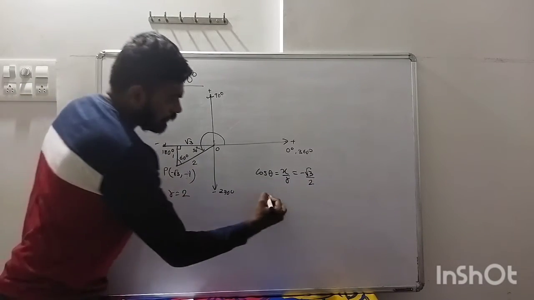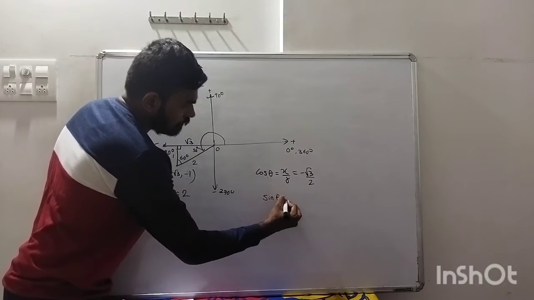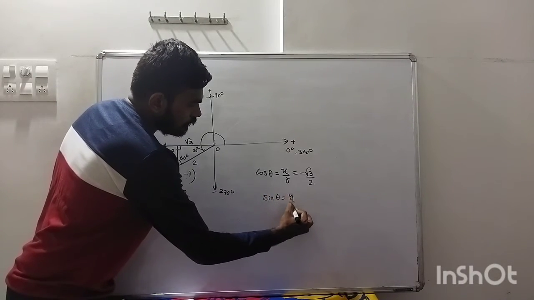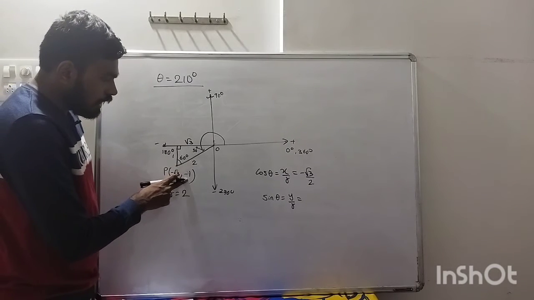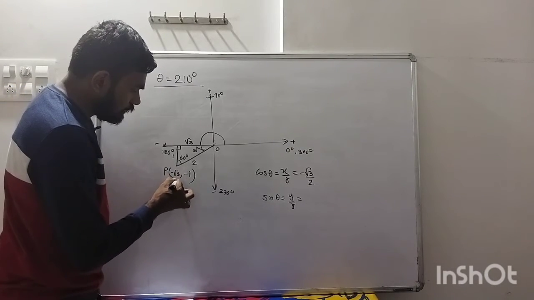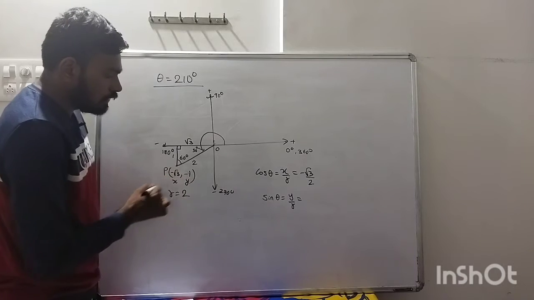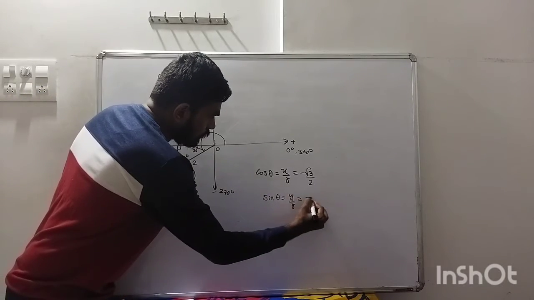Sin theta is y upon r, y is minus 1, r is 2, so minus 1 upon 2. This is the x coordinate, this is the y coordinate.